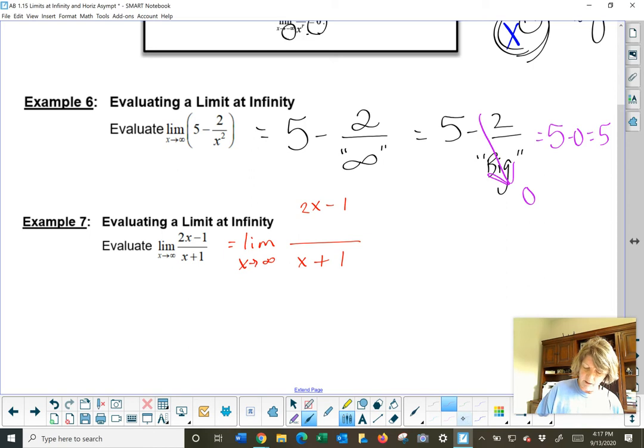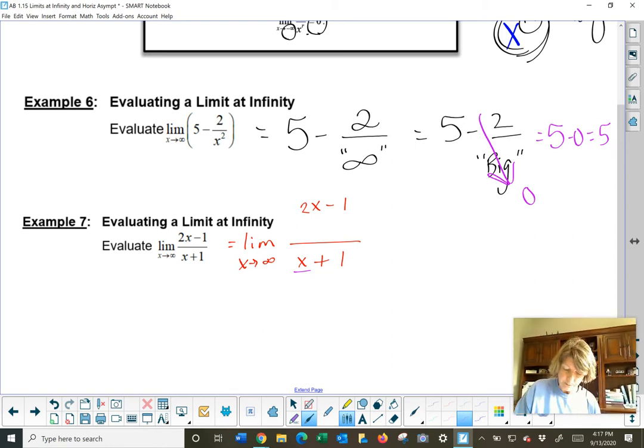And officially, what you want to do is come in and divide by the largest power of the denominator. So I would divide by x, and every single term is going to get divided by x.